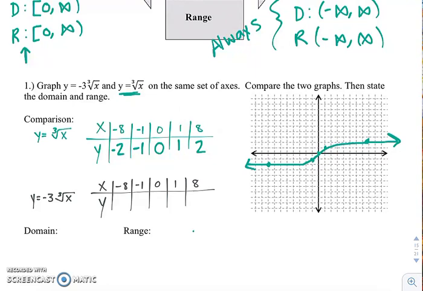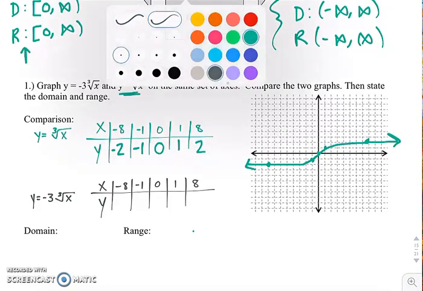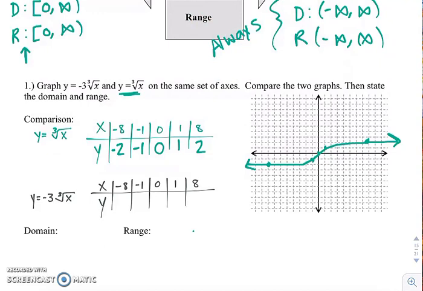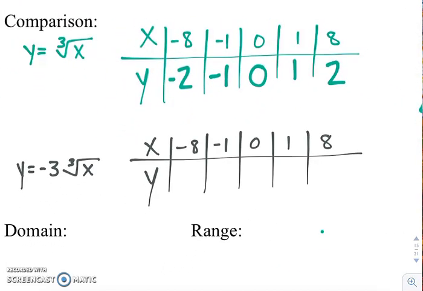So now we're going to do the function where we multiply it by a -3. So cube root of x is still there, it's just that we're going to multiply by a -3. So we're essentially going to have the same x values. I'm still using -8, -1, because underneath here is still just an x value when we want to take the cube root. So whatever we got up here, we're just going to multiply by -3.